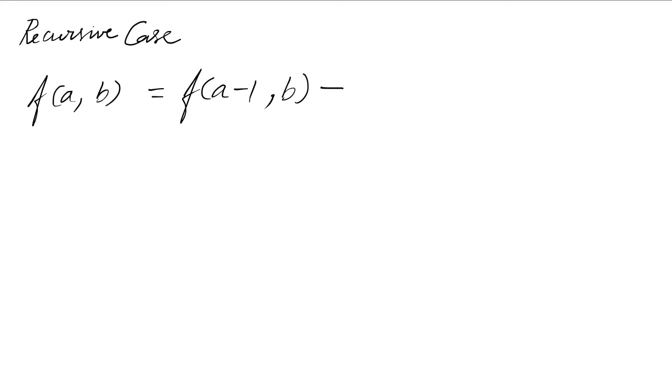The recursive case can be expressed by a function f of a and b equals f of a minus 1 comma b plus 1. This is the function to implement.